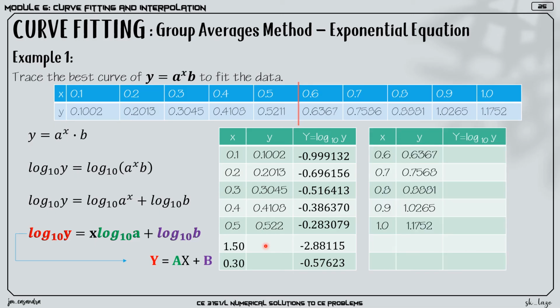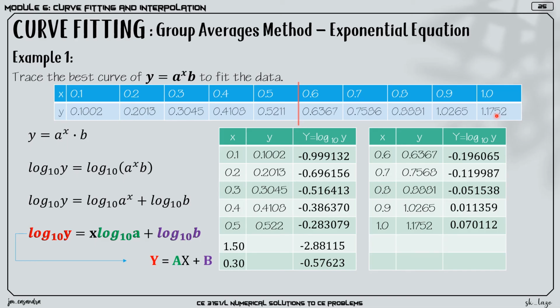Next, we move to the second group or second half of the given data. We still use the same equation: modified y is equal to the log of y. So we get negative 0.19665, negative 0.119987, negative 0.051538, 0.011359, and 0.070112.